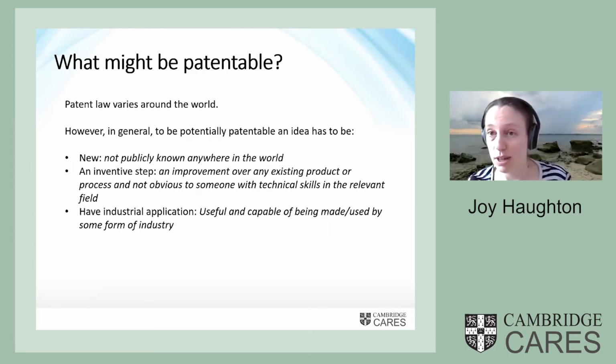Certainly UK and Singapore both apply these. US also applies these principles. So they're fairly universal. And they give us a good filter for, is this an idea that's worth exploring in this context? Is this an idea worth exploring scientifically? That's a completely different question.